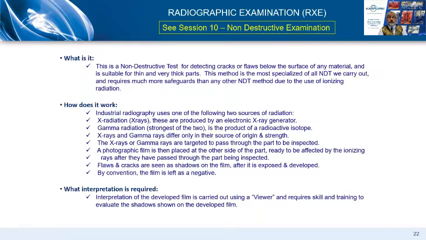RXE is the most expensive. It detects below surface cracks and defects, but it takes a lot of skill and training. Pump suppliers will seldom have this expertise in-house. They'll usually bring in a specialist contractor or send the part to be examined to a laboratory. And for the main castings, it will be done at that foundry, which will be a high-end foundry, an expensive foundry.